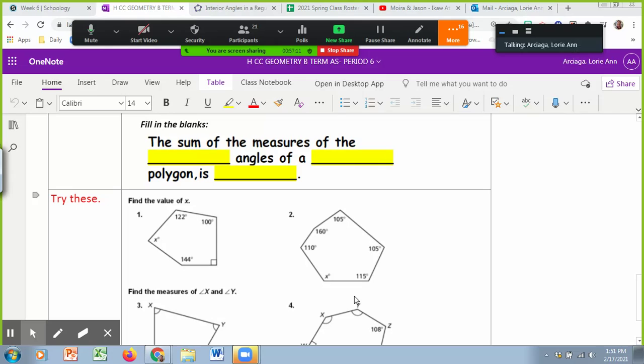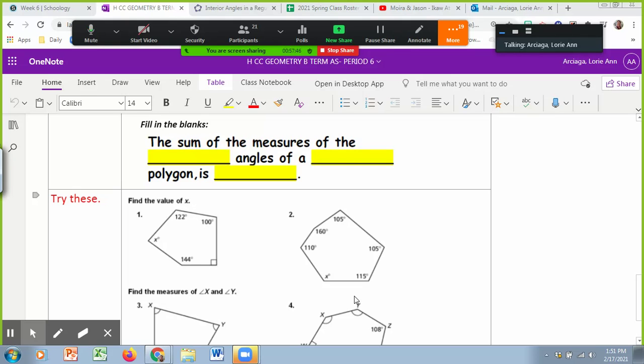So if it's a hexagon, what's the sum of all the angles? What should they add up to? Anybody? 720. Okay, 720. Before I move on, does everybody get where 720 is coming from? If you're not sure, then you better tell me now.